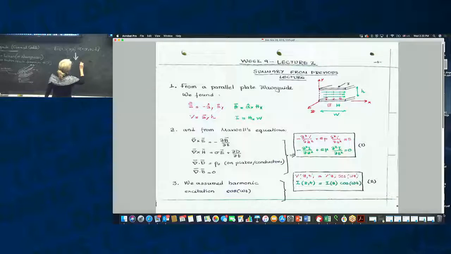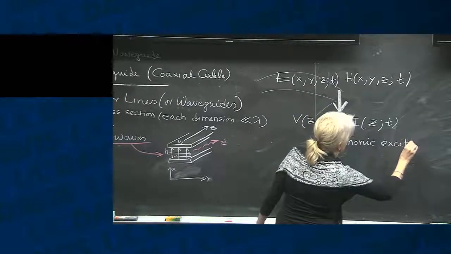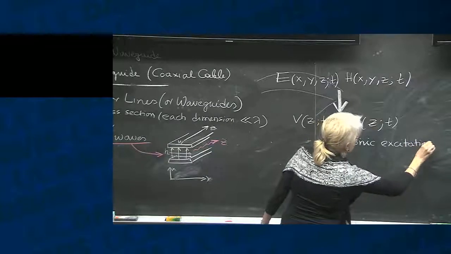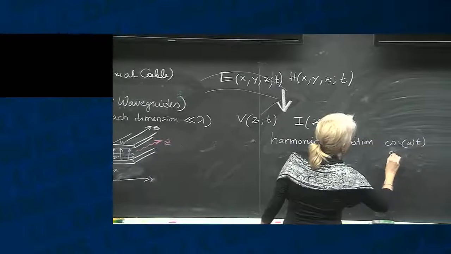And then this one, the first level of reduction. So instead of 4, 2 parameters. One more is because we assume harmonic excitation. Which means that your source is going to be this or that.